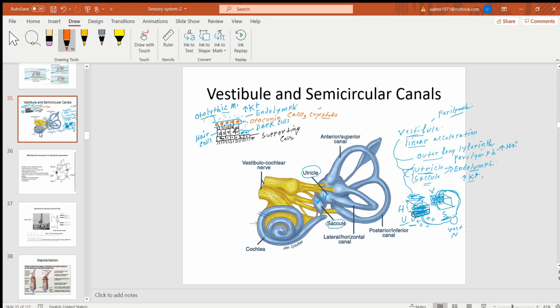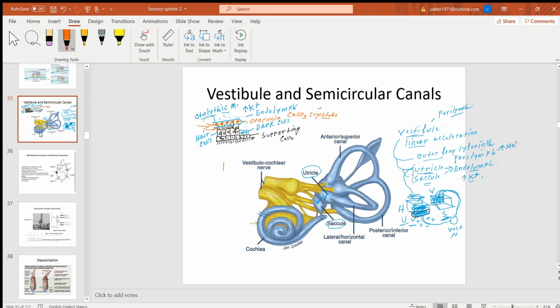Now when you move your head in the horizontal plane, these hair cells inside the utricle will be activated. How? The fluid will move the stereocilia, also will move the otolithic membrane, and the hair will bend.